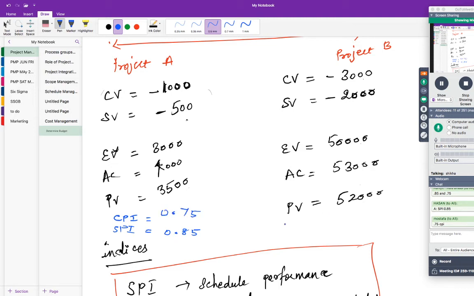So how much is here? What is the CPI for this project and SPI for this project? CPI is 0.96, Abhijit, respectively, right? Yes, 0.96.